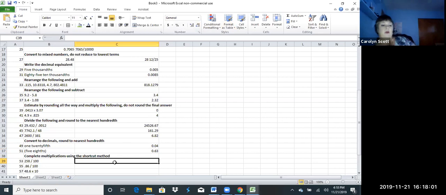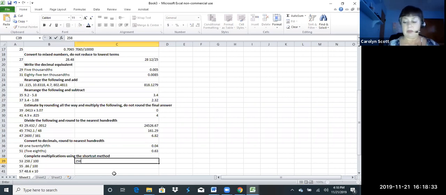Okay, now for this one, we are to complete the multiplications using the shortcut method. The shortcut method, I didn't really explain it earlier, but I alluded to it. There are 2 zeros in 100. So we know that to solve this problem, we simply need to move our decimal 2 places to the left, our imaginary decimal, because 258 is the same as 258.0.